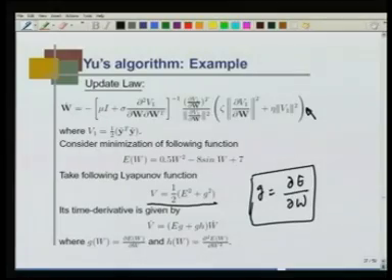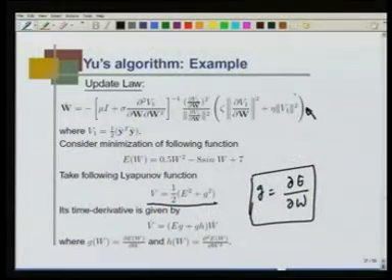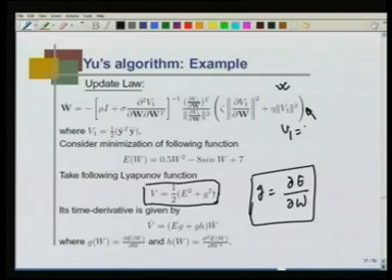But unfortunately, the Newton method does not guarantee global convergence, whereas Wu's algorithm does, if I start with this Lyapunov function V and update using this law. In this case V1 is E, and all other things you know already.